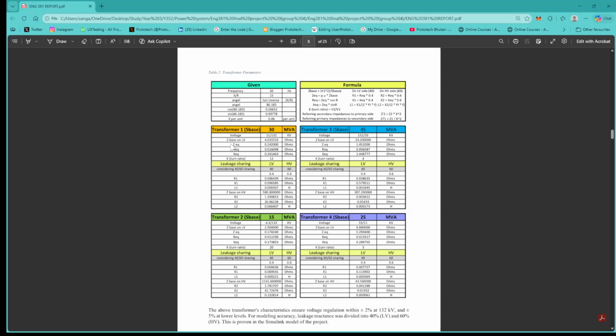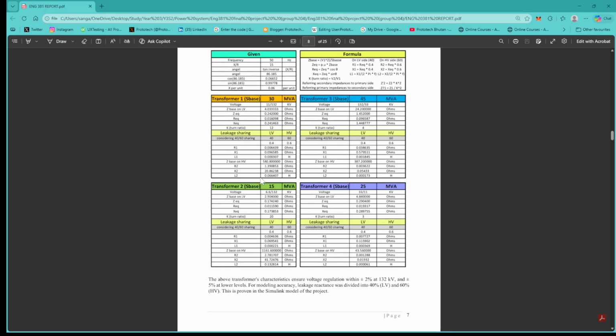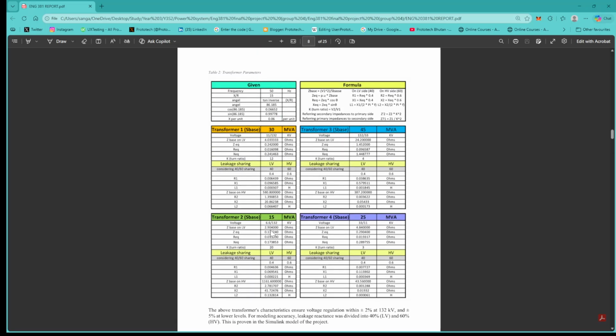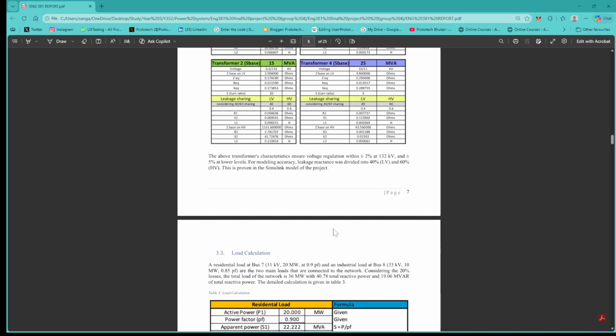We know the voltage. We have to find the impedance, Z equivalent, R equivalent, X equivalent. Then finally find R1, X1, L1, R2, X2, L2 at the HV and LV side. This is the transformer 1, transformer 2, transformer 3, and transformer 4 calculated.